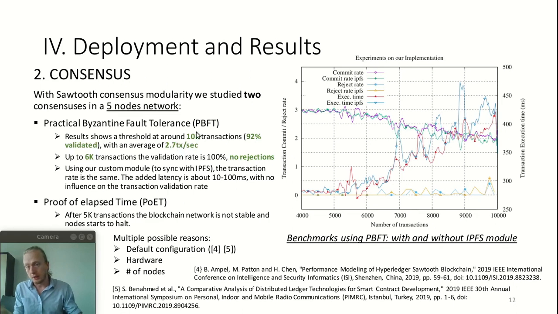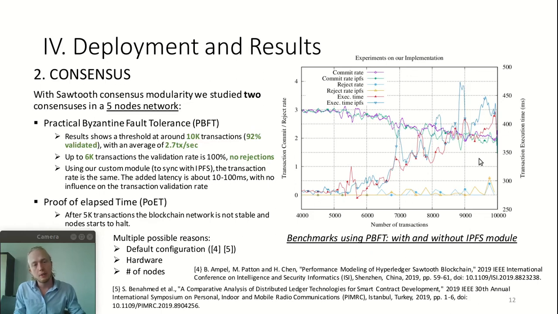So we stopped at 10,000 transactions. As you can see on the graph, as the number of transactions increases, we have the number of committed transactions and the number of rejected transactions, and the commit rate is the same with and without the IPFS module.